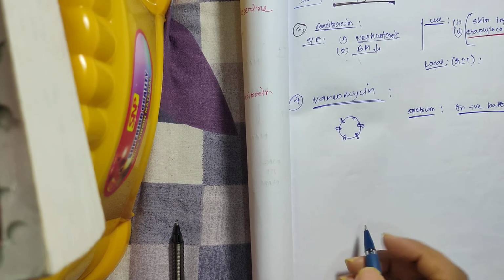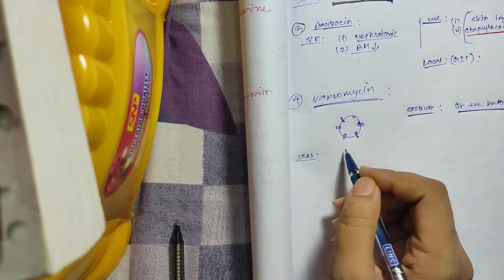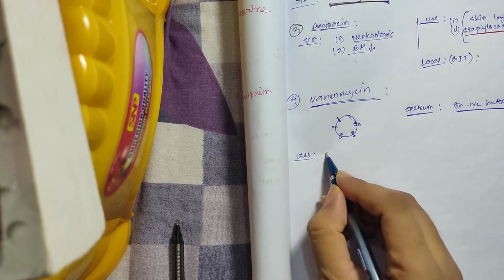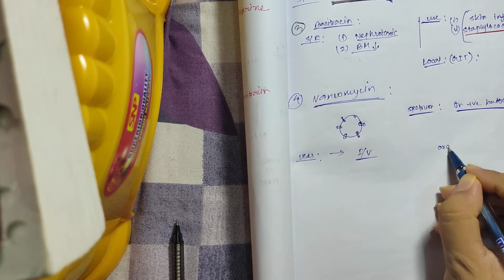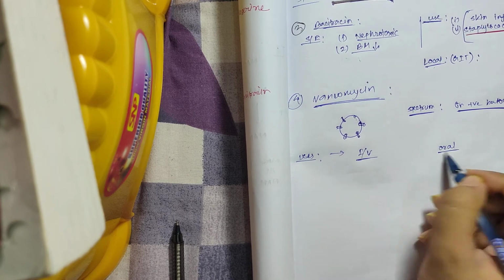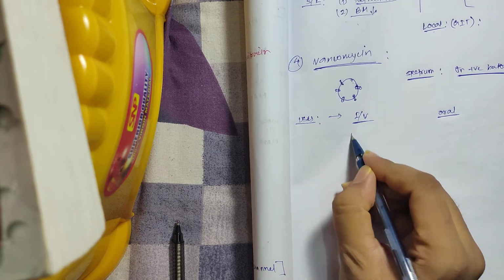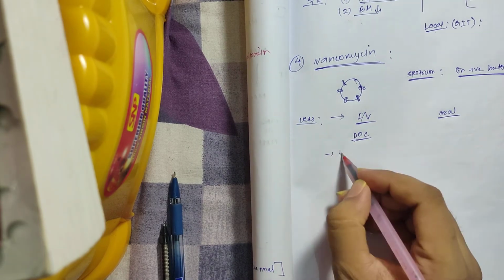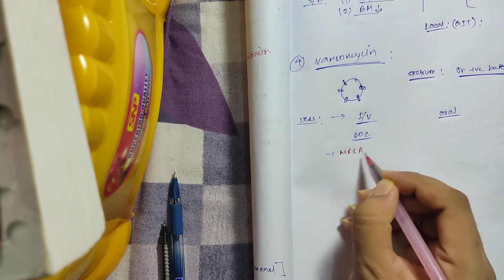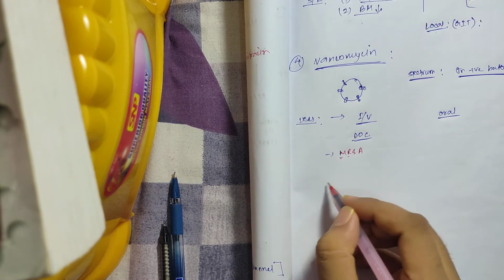Now, what is its use? Guys, we can use it intravenously, also orally. In intravenous use, it is the drug of choice for MRSA. What is MRSA? Methicillin resistant Staphylococcus aureus.